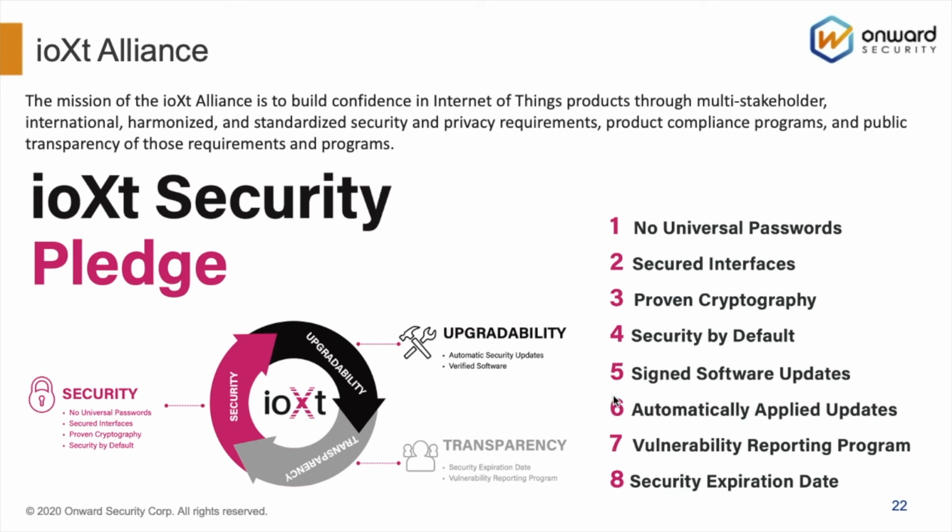And for the update, you need to use a signed software update to prevent someone from using a malicious or fake firmware image file to get control. So you need to use a digital certificate to ensure the integrity and source of this firmware file.